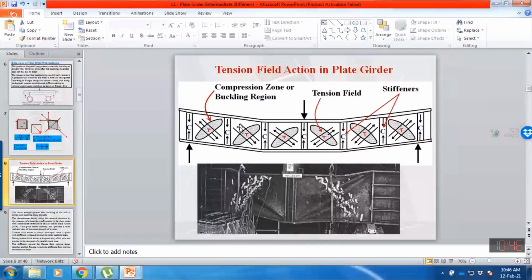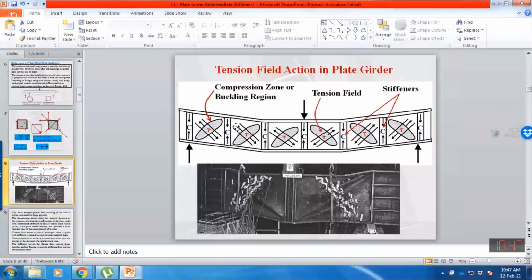Just to balance these tensile forces, the top flange and bottom flange behave as the top chord and bottom chord of a truss, the intermediate stiffener serves as the vertical member of the truss, and the diagonal strip of the plate girder behaves as a diagonal truss member. So thus the shear capacity is increased by tension field action or truss analogy.